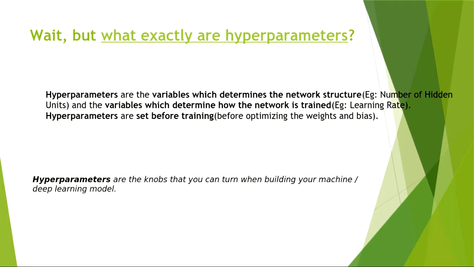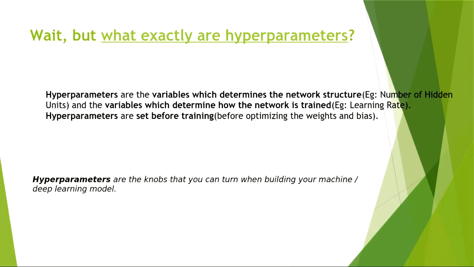So when I say to you, please make a coffee or make a tea, you need to turn on those knobs. Similarly, these hyperparameters are the knobs. They are the knobs which can build your deep learning models.